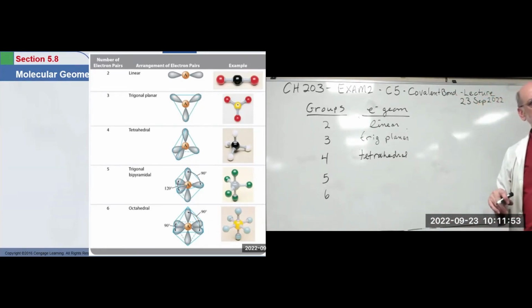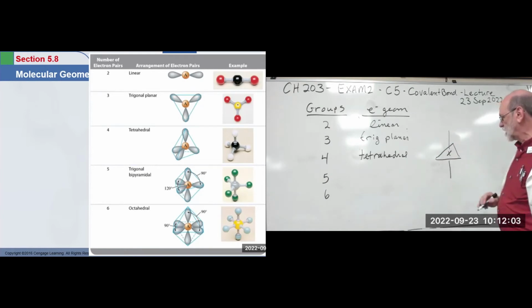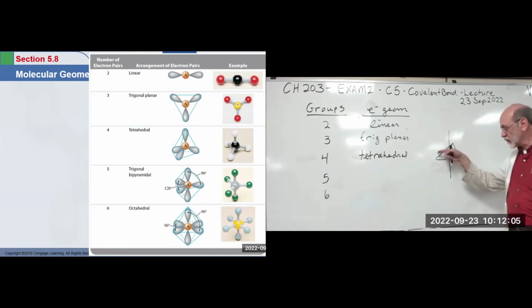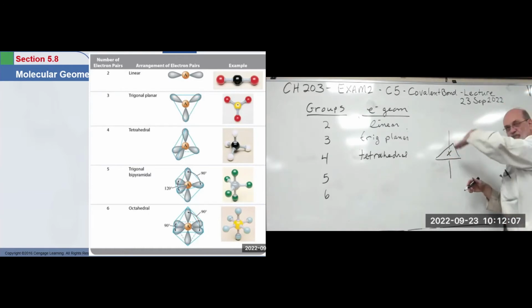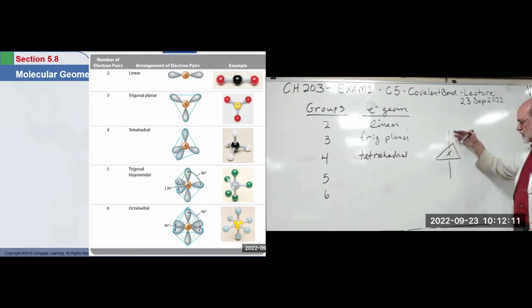Well, the most efficient arrangement for your central atom is to arrange like that. You have 3 in this plane around the central atom, and then you have 2 up here like that. So 1, 2, 3, 4. Well, what does that look like?